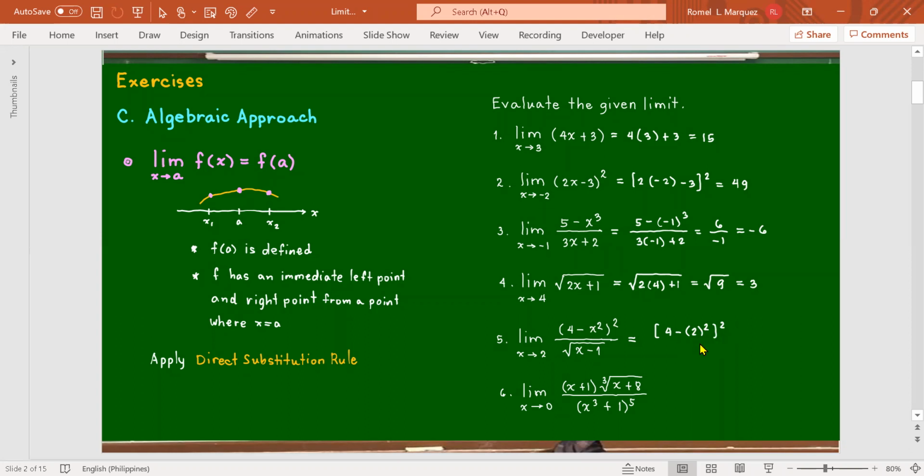All over square root of 2 minus 1. So that is equal to, is it 0, guys, the numerator? No? So 0 is squared, so that is 0 over 1. What's the value, guys? Is it 0, children? 0, no?